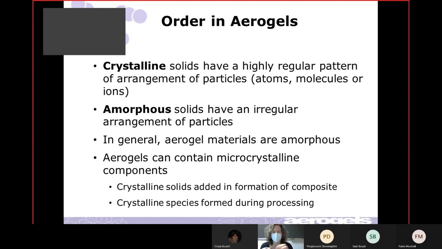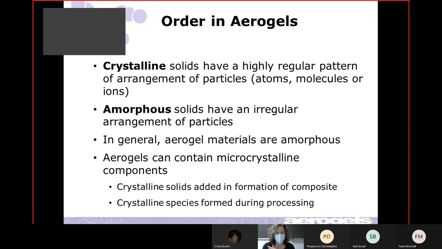And in general, because of the way that we make them through the sol-gel process, aerogel materials are amorphous. They have formed in a non-crystalline way. There's an interlocking three-dimensional array of connections, but they are not highly regular. But aerogels can contain microcrystalline components. And this can happen really in a couple of different ways, and two of them are shown here.